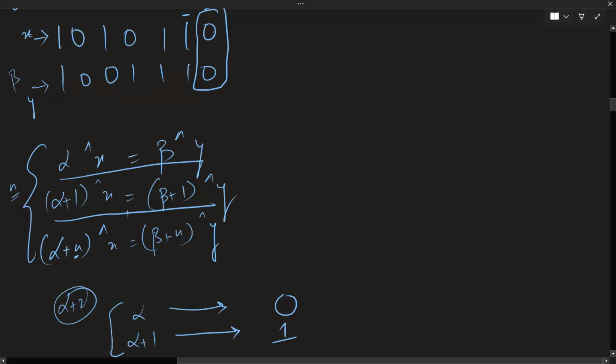Okay. Same thing goes for beta also. If you have some second last bit in alpha plus 1, it will be different in alpha plus 2. Either it will be different than this or different than this. Last means least significant bit. This is the least significant bit.